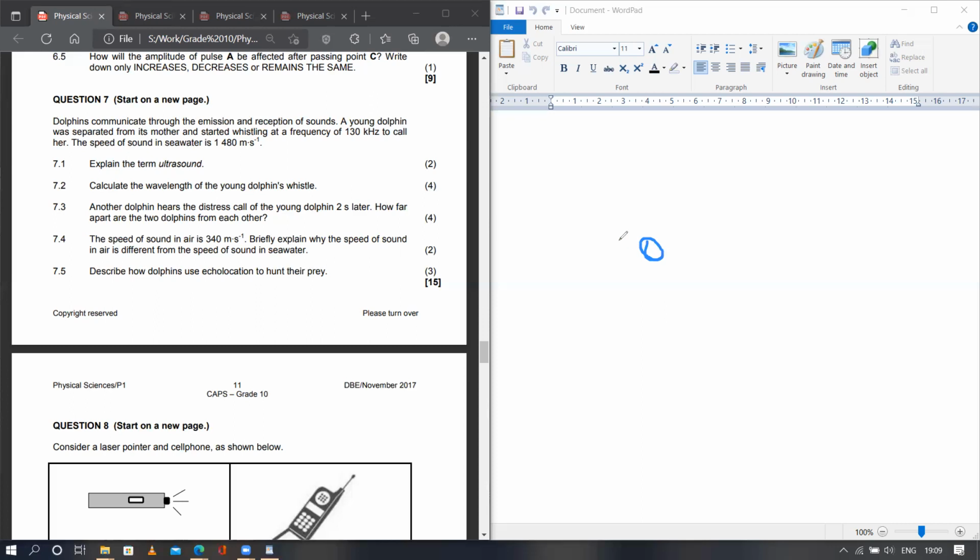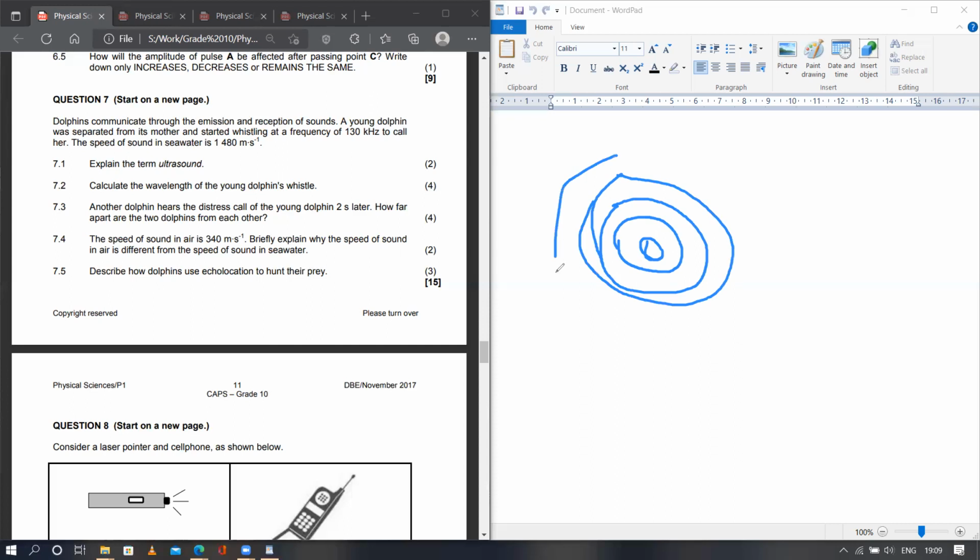It's going to emit a sound, and that sound wave is going to grow bigger. Like when you threw a stone in water, it has waves that go outward. So this is basically like echolocation. This is the dolphin, and let's say here is your prey.